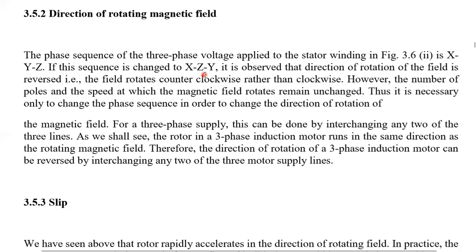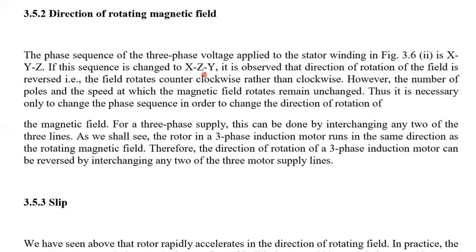You have a lab called the basic electrical engineering lab, with an experiment on the three-phase induction motor. Try to observe by changing the two leads. In this lab experiment there are three terminals, R, Y, B, the three-phase terminals. Interchange any two terminals, for example Y and B, or RY, and observe whether the induction motor rotates in the other, counterclockwise direction.